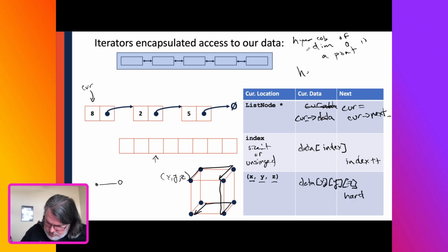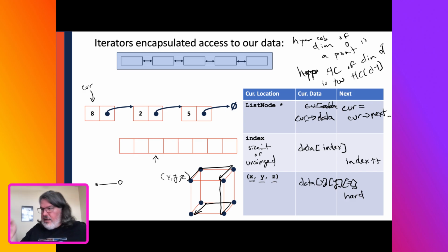A hypercube of dimension D is two hypercubes of dimension D minus 1 connected at each point. So, it doesn't really matter at this point.